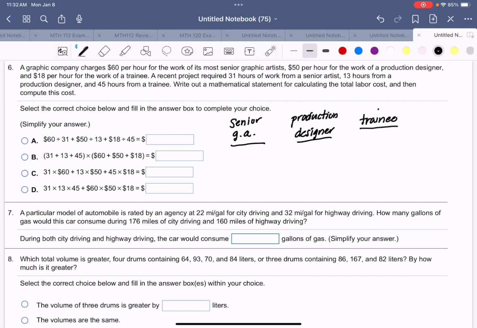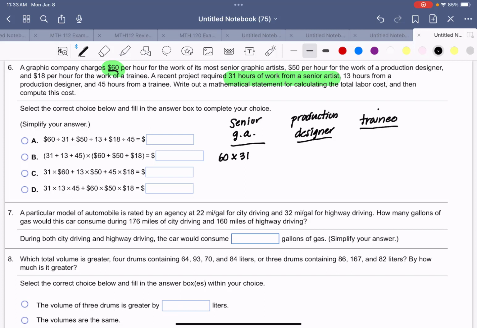We'll start with the senior graphic artist. $60 per hour and 31 hours worked. So we've got $60 times 31 hours for the senior graphic artist.